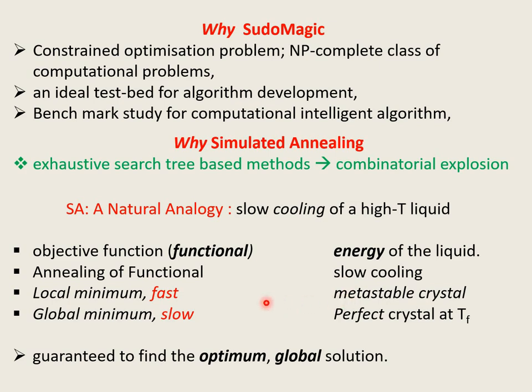So in parallel, if you anneal the functional, anneal means you are as if decreasing the temperature by changing, of course, the variables of the function, and then by applying some suitable Boltzmann machine that I will explain in a while. If you are fast enough in your cooling or annealing, you will reach a local minimum like a metastable crystal. And if you are slow enough, then you are certain and sure to reach the global minimum, that is the perfect crystal.